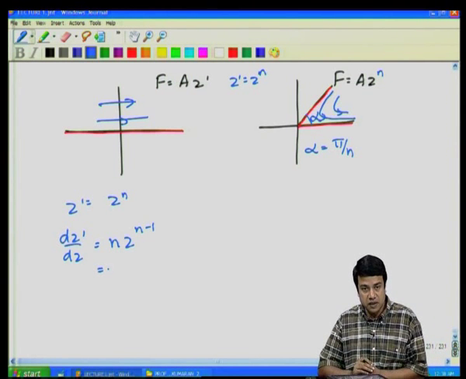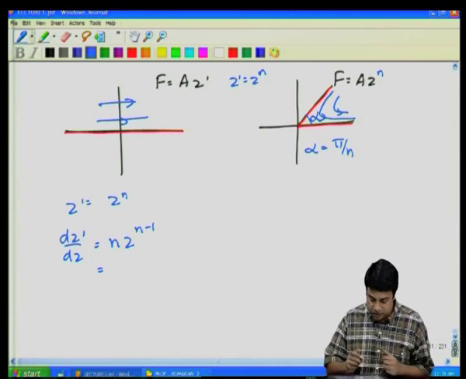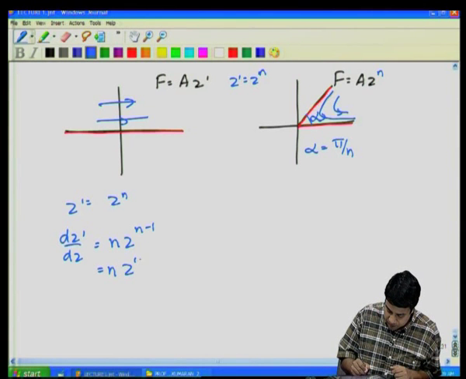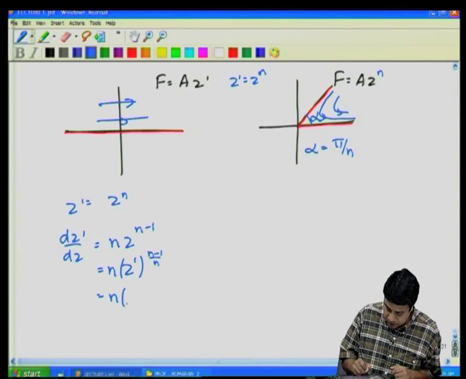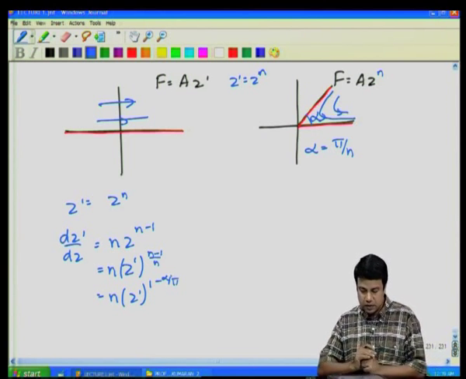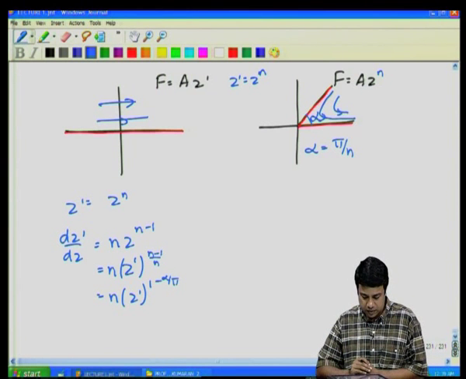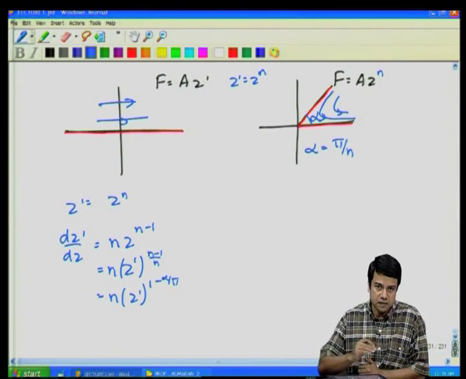If I express this z power n minus 1 back in terms of z prime, I will get n into z prime power n minus 1 by n, which is equal to n into z prime power 1 minus alpha by pi, because I know that alpha is equal to pi by n, therefore, alpha by pi is equal to 1 over n. So, this basically gives me a transform for the corner. If I define my function dz prime by dz as n times z prime power 1 minus alpha by pi, that transforms one corner into just a flat flow.